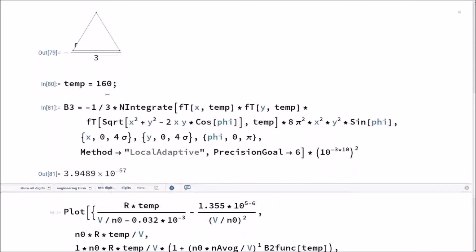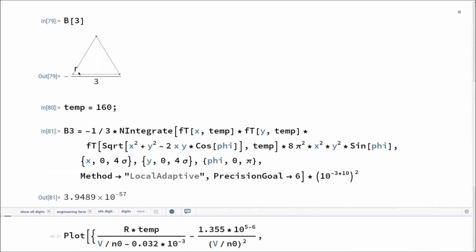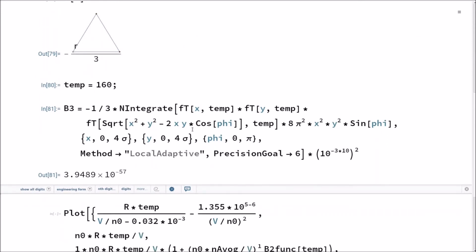Let's first look at how we transform it. Again, we choose 0 as the coordinate r, and then integrate. This distance here is x, this distance here is y, and the distance between these 2 points can then be calculated by the cosine rule.